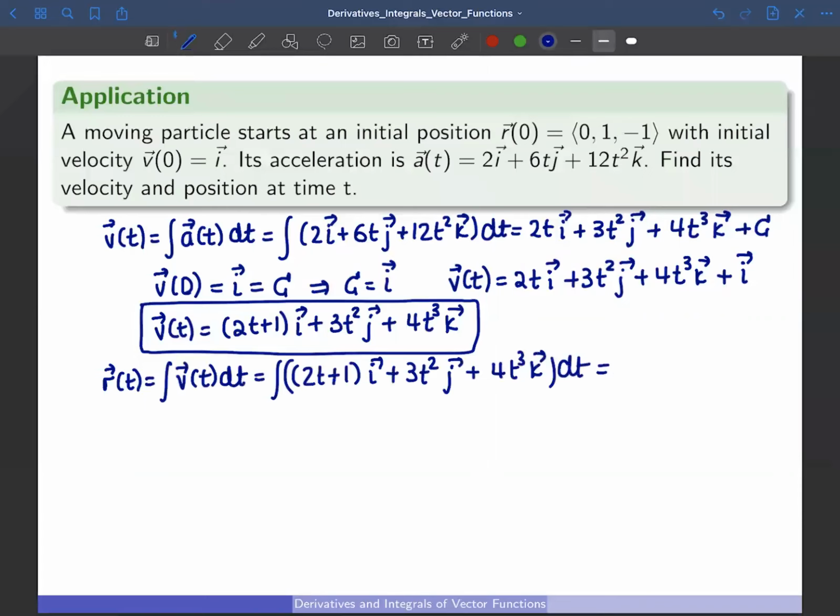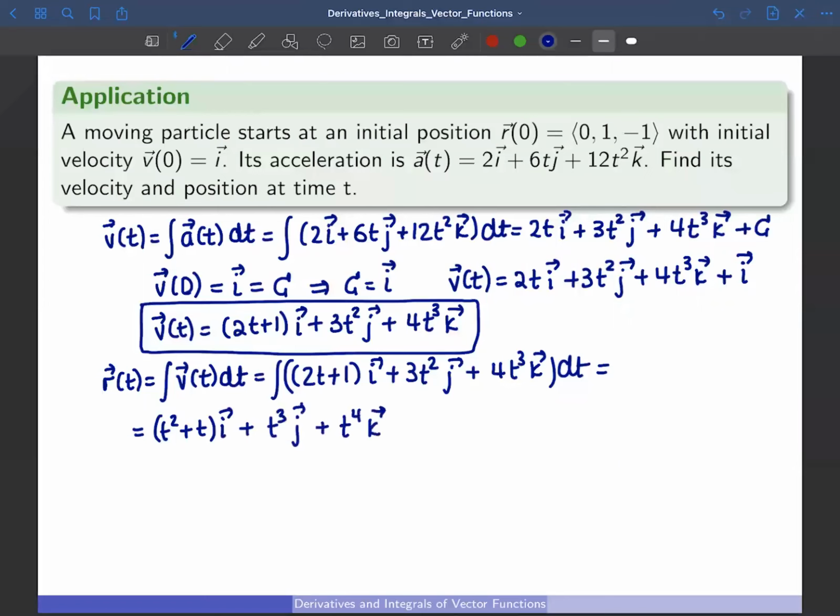So that would be equal to the integral of 2t plus 1 dt, which gives us t squared plus t, times the vector i. And then plus the integral of 3t squared dt will give us t to the third times the vector j. And then plus the integral of 4t to the third dt will give us t to the fourth times the vector k.